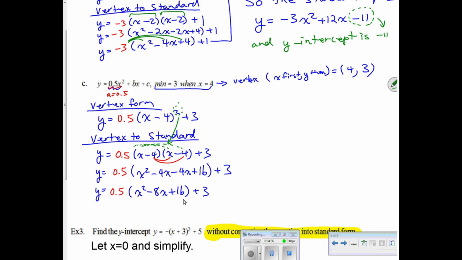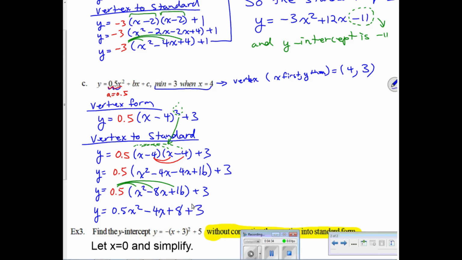So we've almost gotten to the final form. So now we got to take the 0.5 and multiply by everything on the inside. So now that we do that, you're going to get 0.5 x squared minus 4x, and then plus 8, and then plus 3. And we are almost at the final form for our equation.